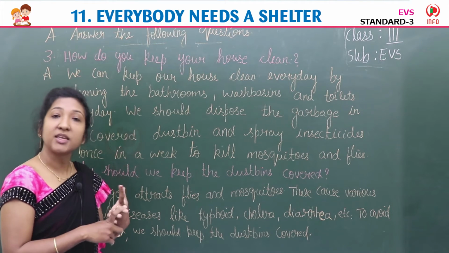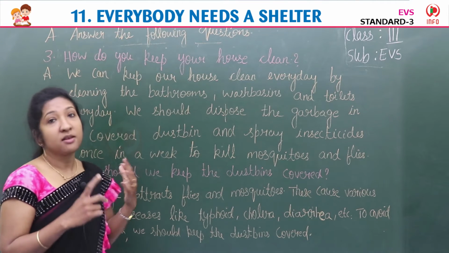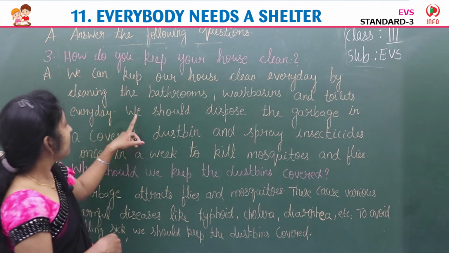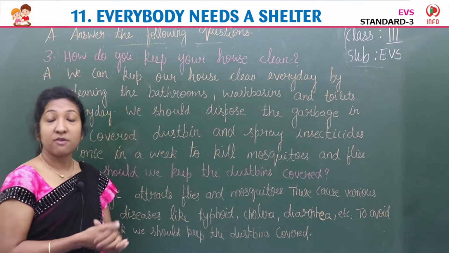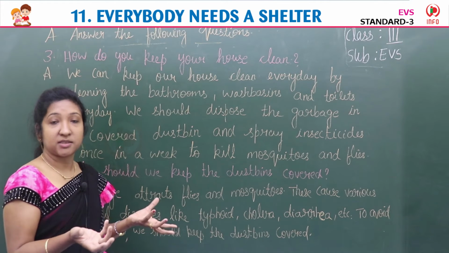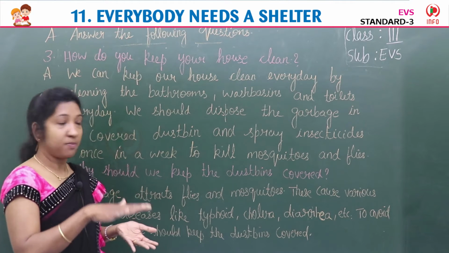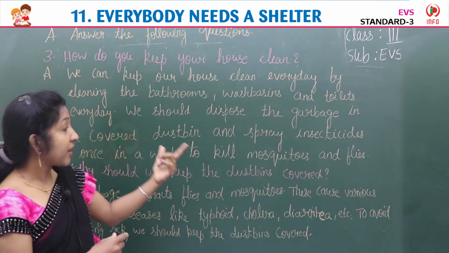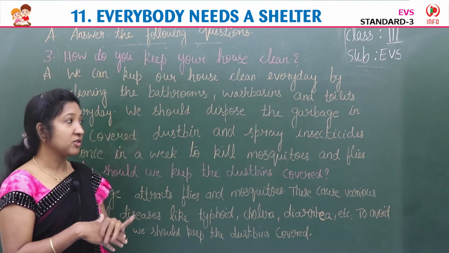Then we should dispose the garbage in a covered dustbin. We have to throw the garbage in a dustbin, and the dustbin should be covered properly. And spray insecticides once in a week to kill mosquitoes and flies.